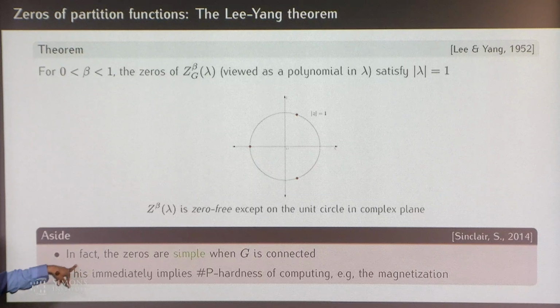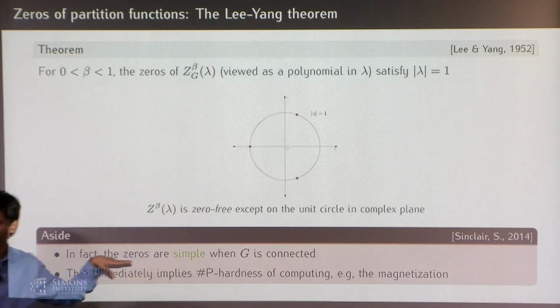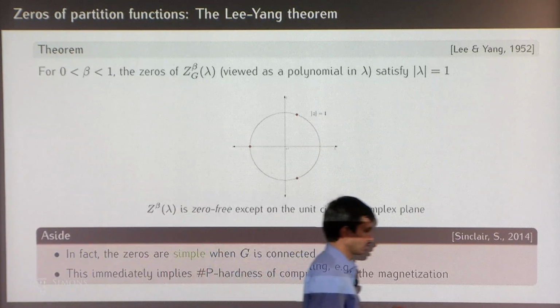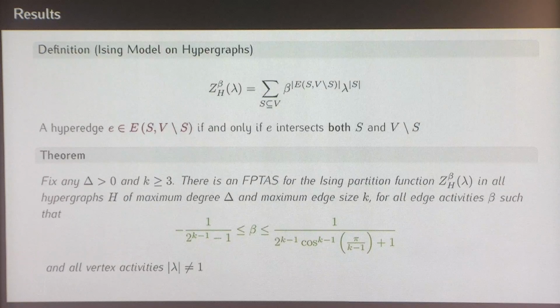Interestingly, the fact that the zeros are simple immediately implies that certain problems about computing means, things like the magnetization, are number-P hard if you want to do them exactly. So this is almost an immediate consequence of the zeros being simple. So somehow you can also use this theorem for some hardness. Okay.